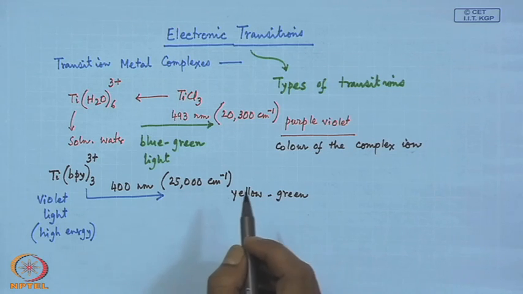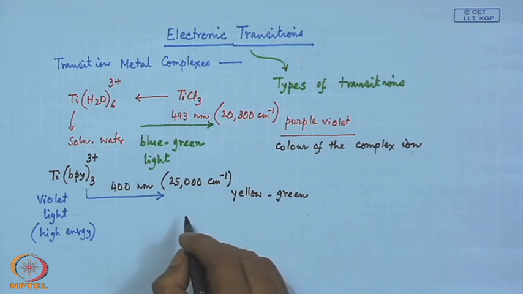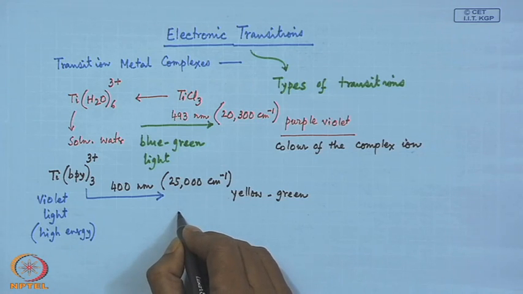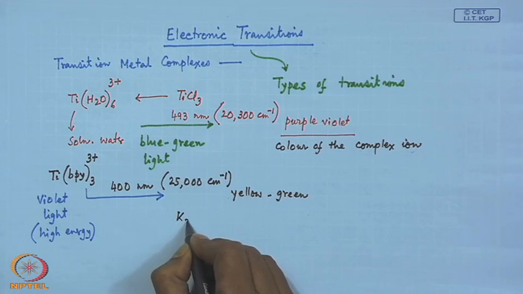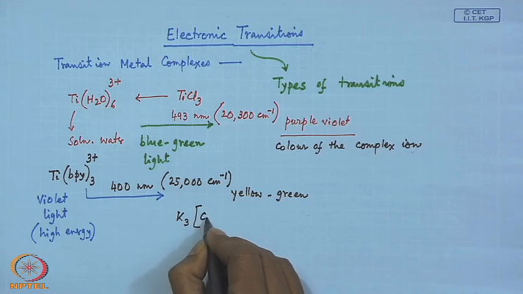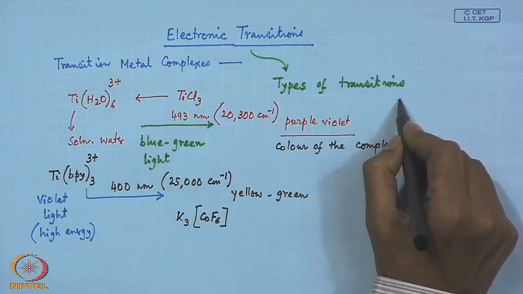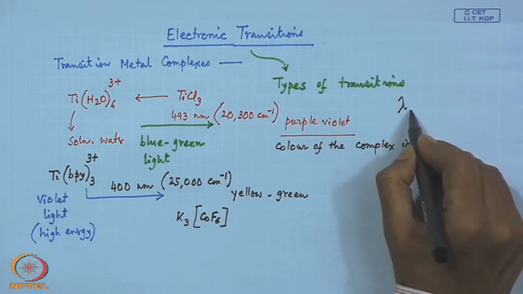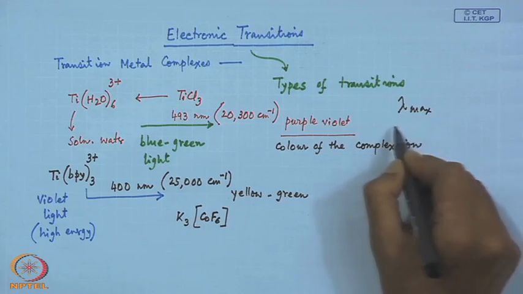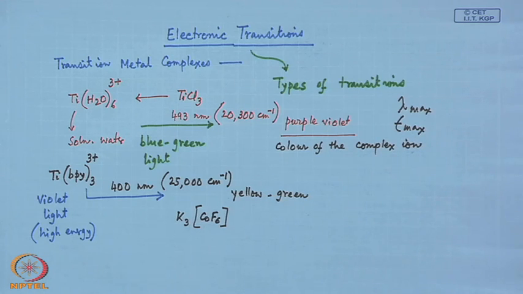So, for this particular species and other species like that of the cobalt compound, because a large number of metal complexes we can handle by measuring the corresponding lambda max values and the epsilon max values.